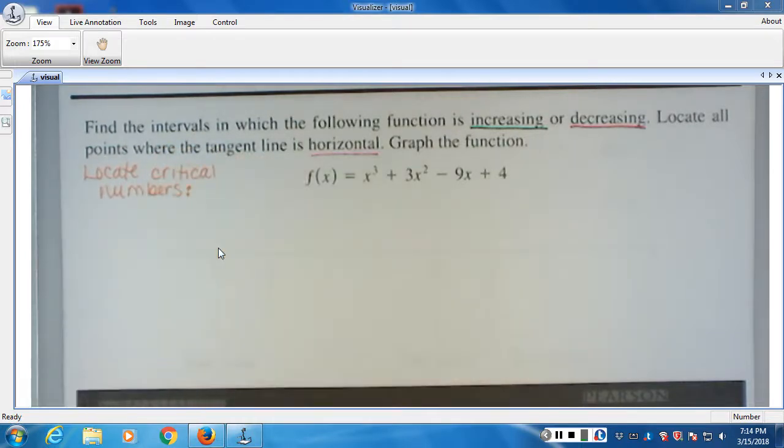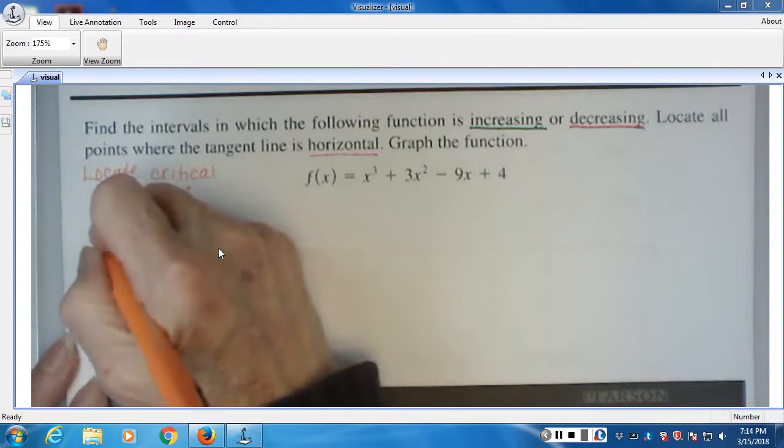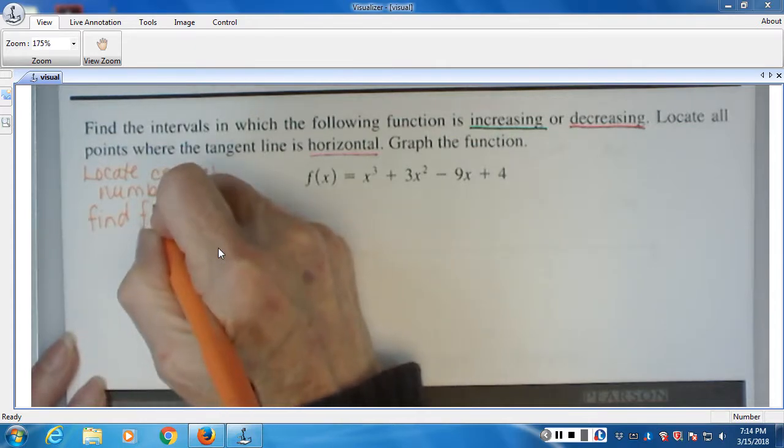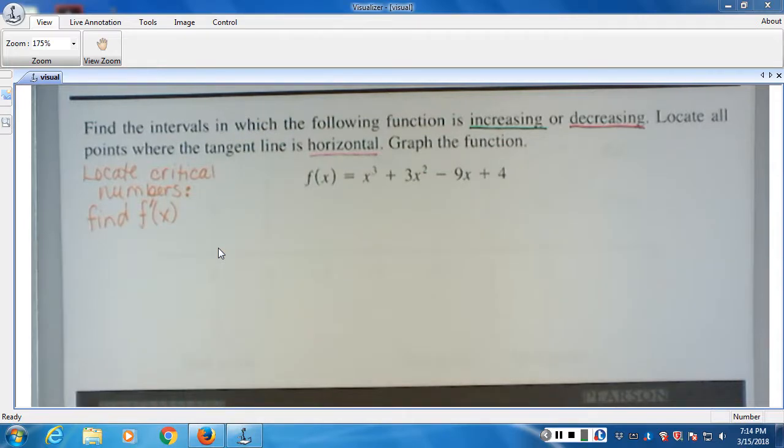And basically the way that you locate the critical numbers is you take the first derivative, and I use the word first derivative because there actually is a second derivative, but we're not going to talk about what it does or the section that talks about it.